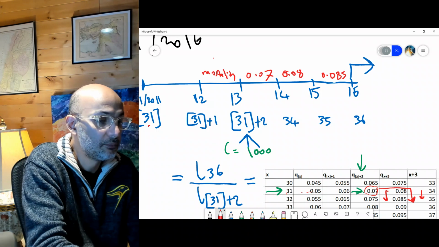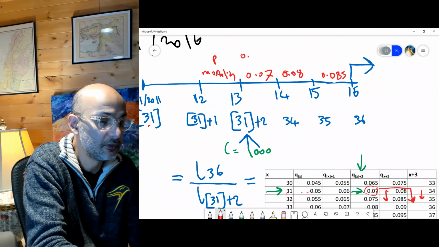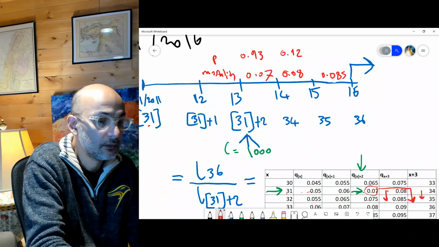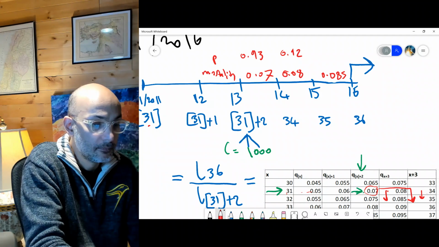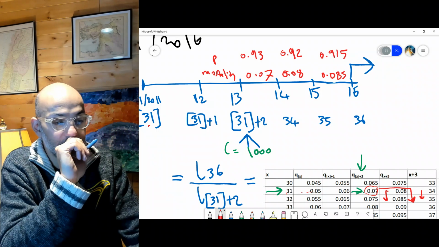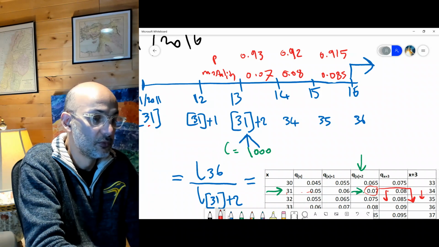Now the survival will be 0.93, 0.92, 0.915, correct? This is the survival.